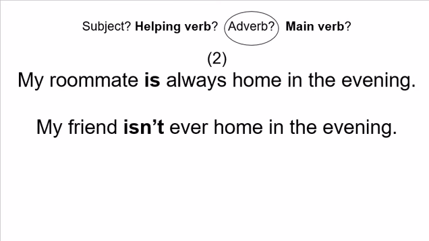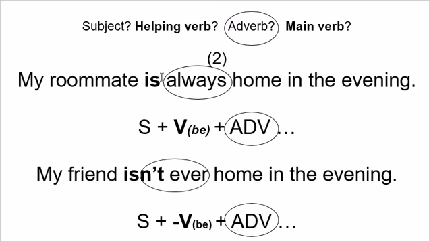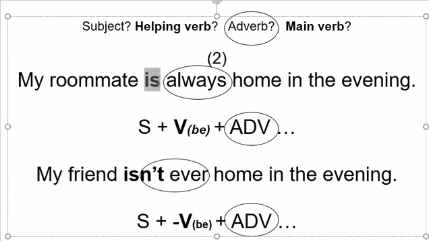Here are the answers. So, my roommate is always home in the evening, okay? What's the subject here? My roommate, all right? Where's the adverb? Always, all right? So, what's the verb in this sentence? Only one verb, is.